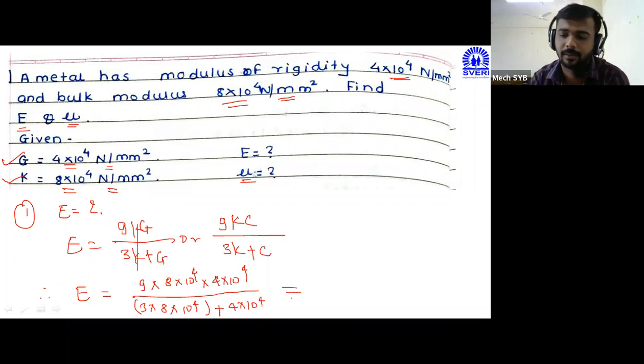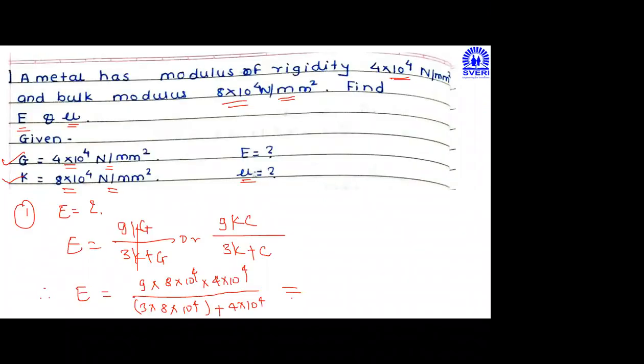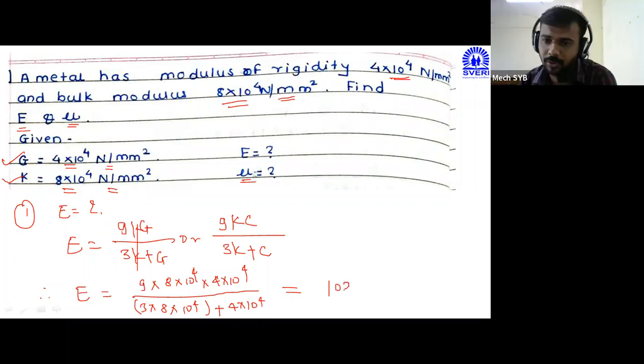What is the E? 102.85 into 10 raised to 3 Newton per mm square.